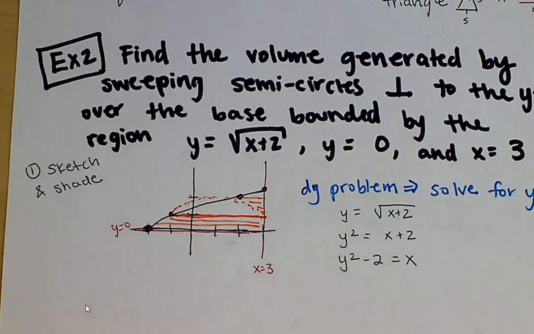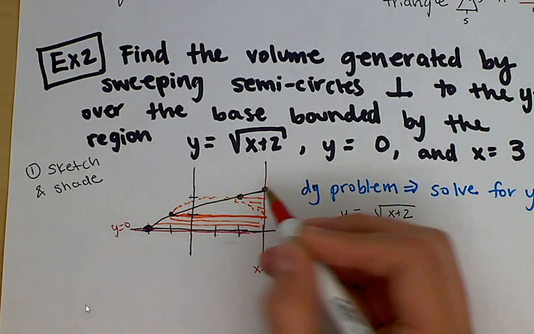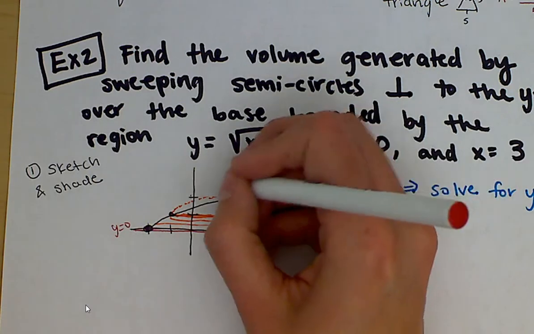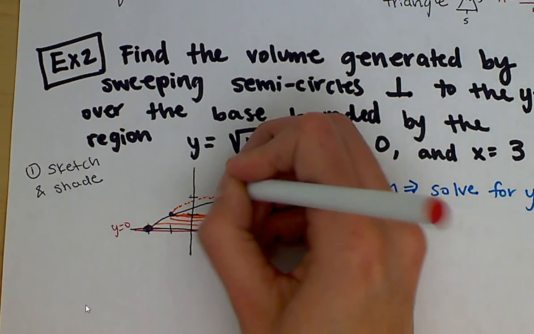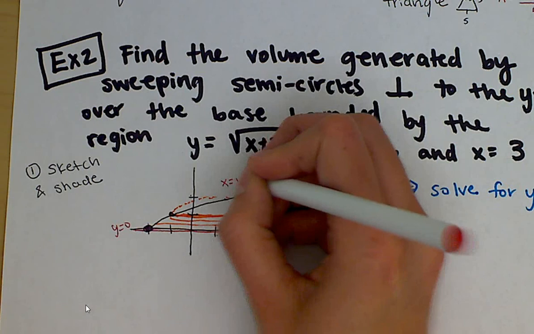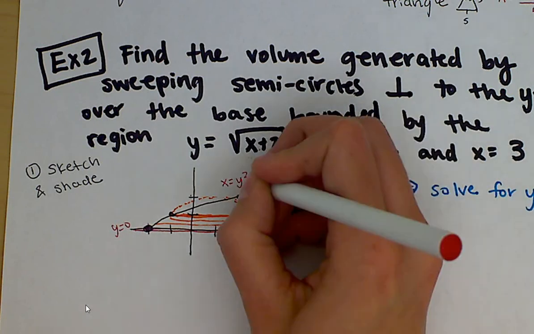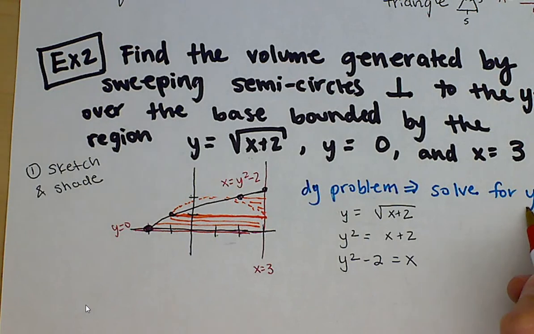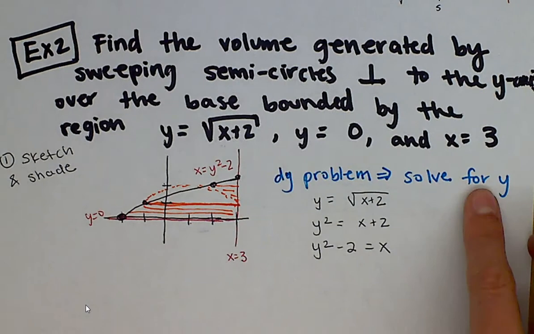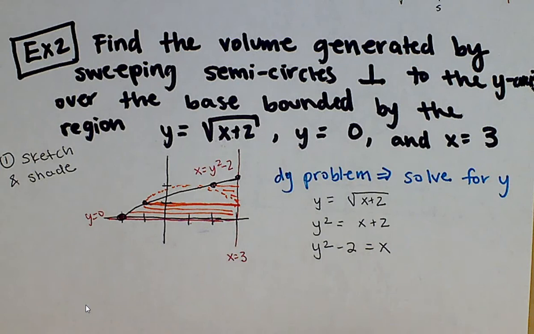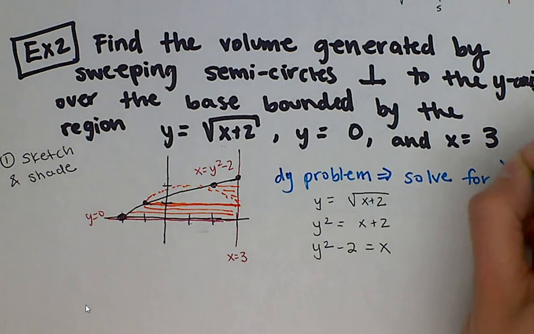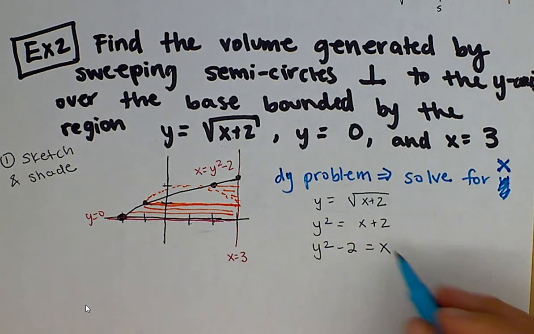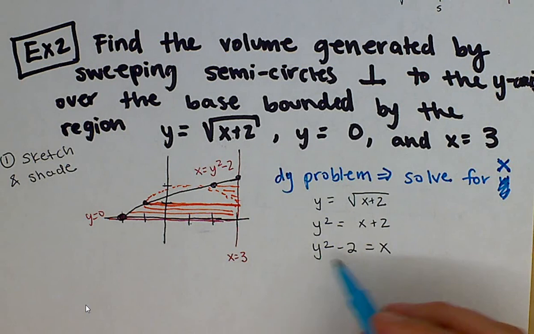So when I label that function there, I need to make sure it's x equals y squared minus 2. Oh, maybe someone caught me when I said that. It's not solve for y. Since it's a dy problem, I want to solve for x, as I did. So x equals y squared minus 2.